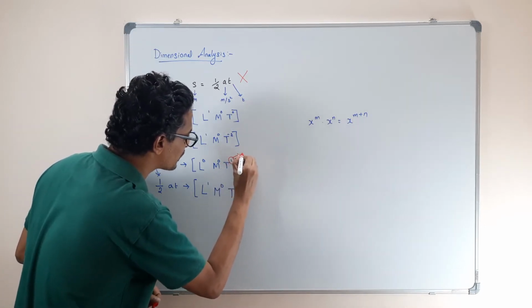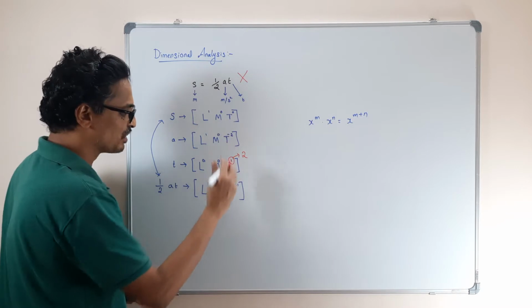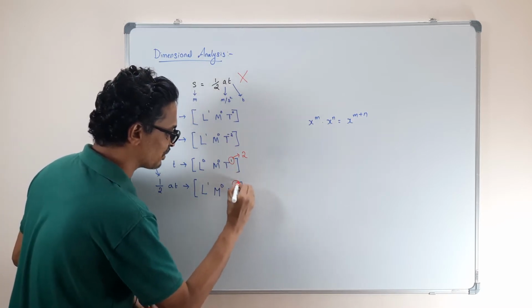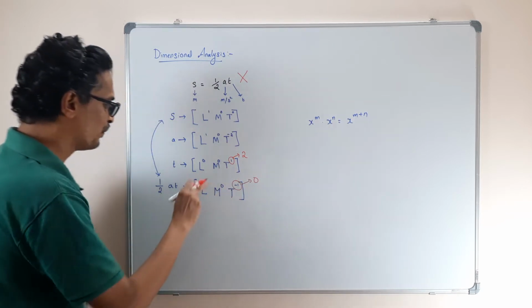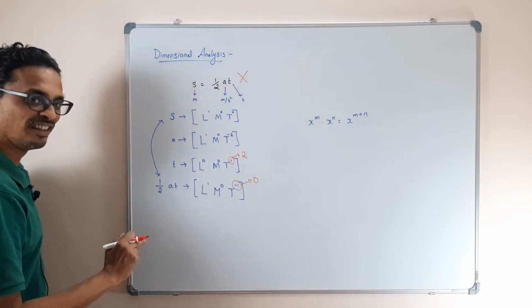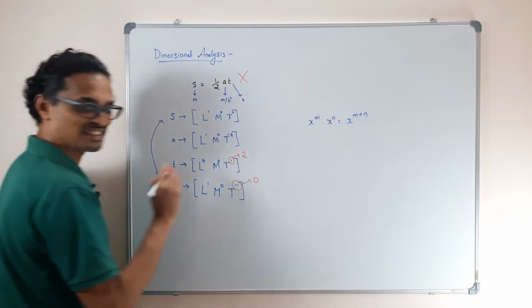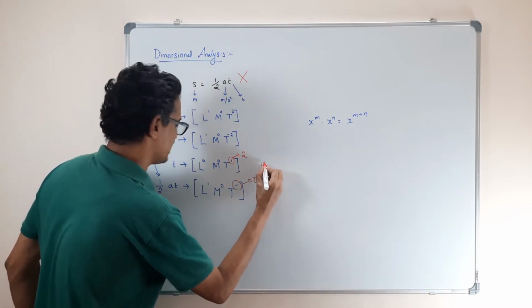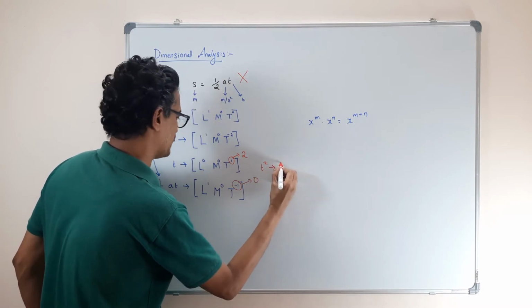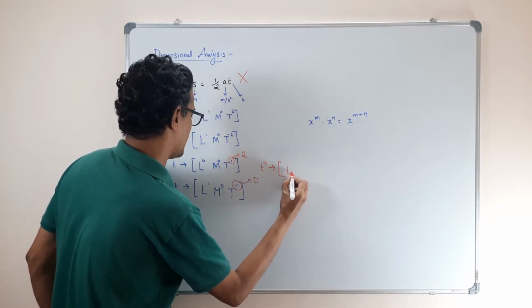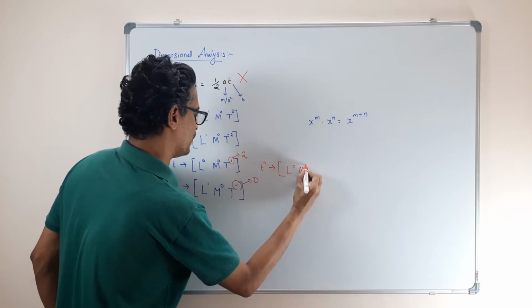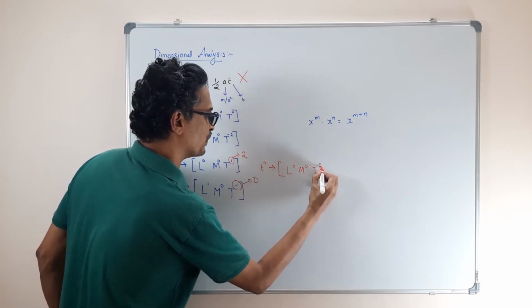If I had it as 2, then this will become 0. So when will this become 2? With t square. When it becomes t square, then your time dimension will become L0, M0, T power 2.